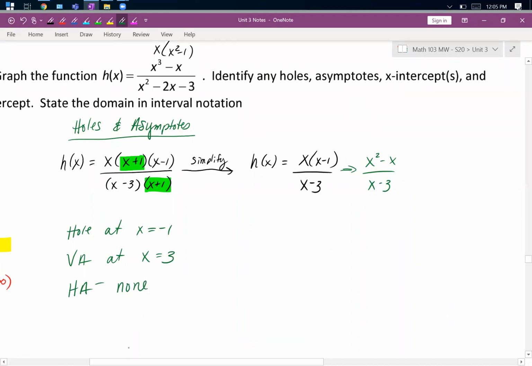And then the last one is our oblique asymptote. That exists when the degree of our numerator is exactly 1 larger than the degree of the denominator. Is that the case? Yes, it is. So we need to divide, and whatever our quotient is, that will be our oblique asymptote.